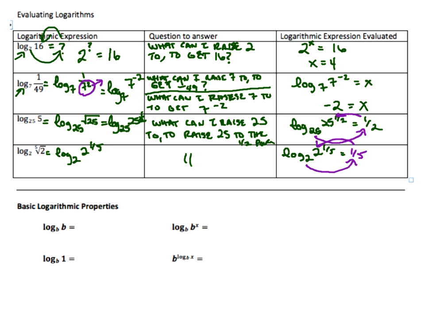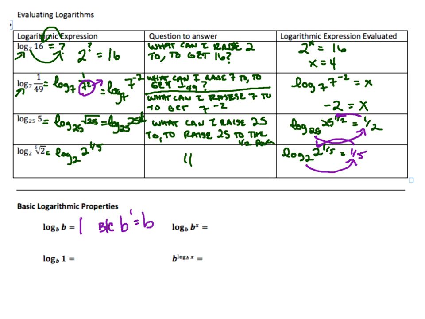All right, so we have some basic properties that jump out at us when we start looking at logarithms. Log base b of b. This says, what can I raise b to get b? The only thing that I can raise that to get b is 1. So log base anything of itself is always going to be 1. The reasoning behind this is that b to the first power is b.